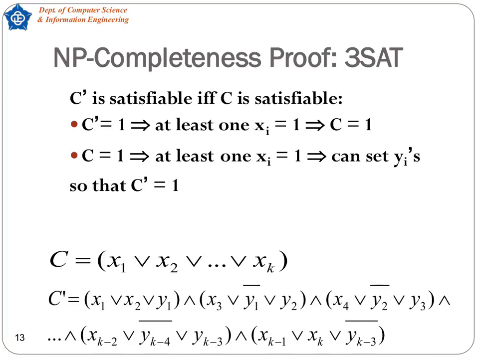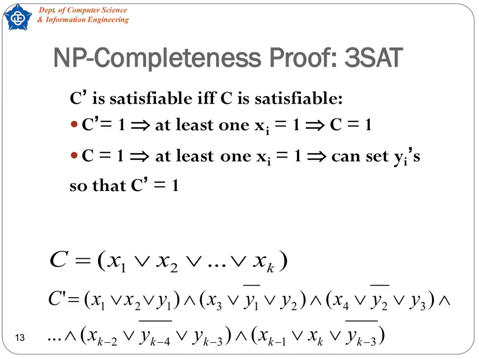Here are the 2 key observations. 1. If C' is satisfiable, then in each 3-literal clause, at least 1 literal must be true. Tracking back through the chain forces at least 1 original x_i to be true, so C itself is true. 2.